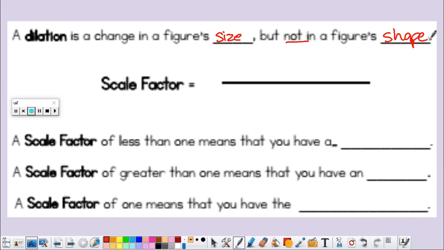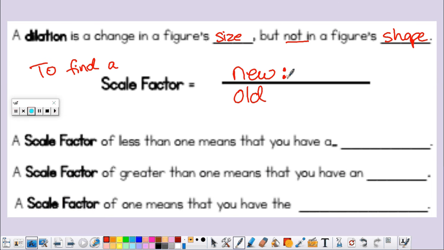Okay? So this is how you find, I want you to add this, to find a scale factor. We're going to compare new and old shapes. We're going to compare images and pre-images. Okay? So I'm going to say that this is the new divided by the old. But how else could you describe the new?